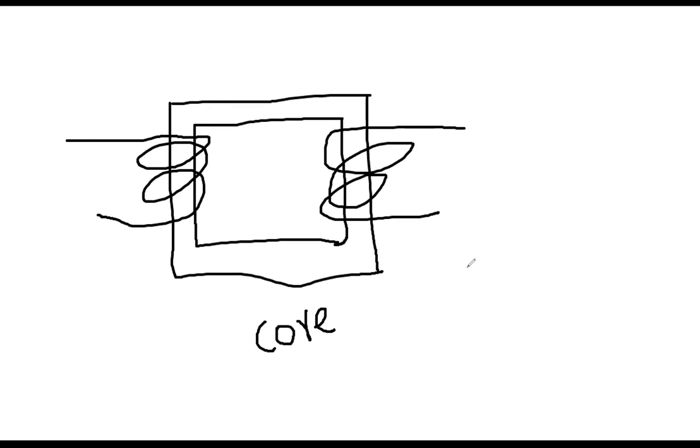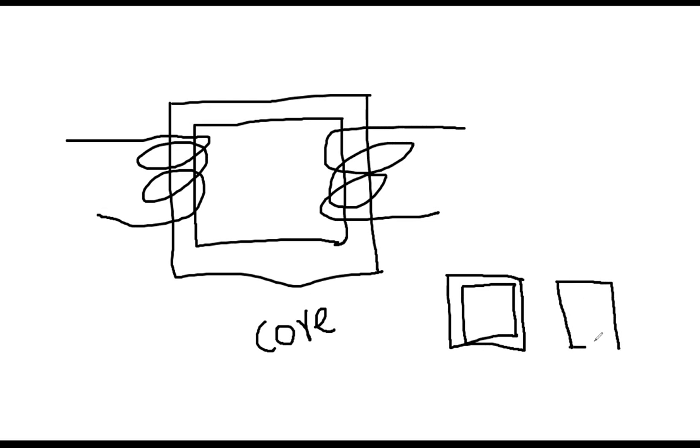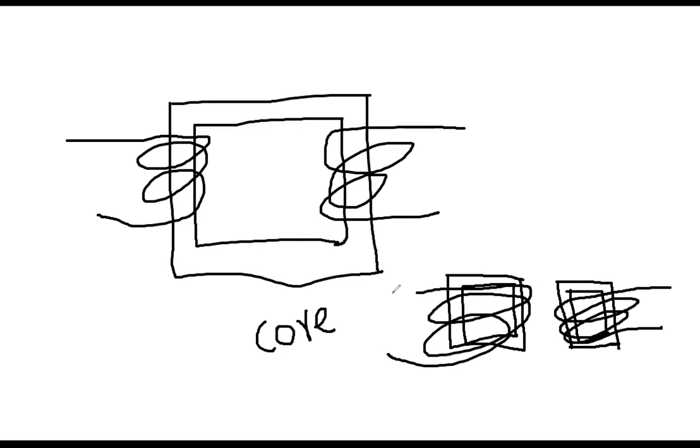And then there is another structure, as you see, I'm showing it here. And then you have another structure. Okay, so you see, the secondary coil is here, and this is the primary coil. So this is called the shell type.